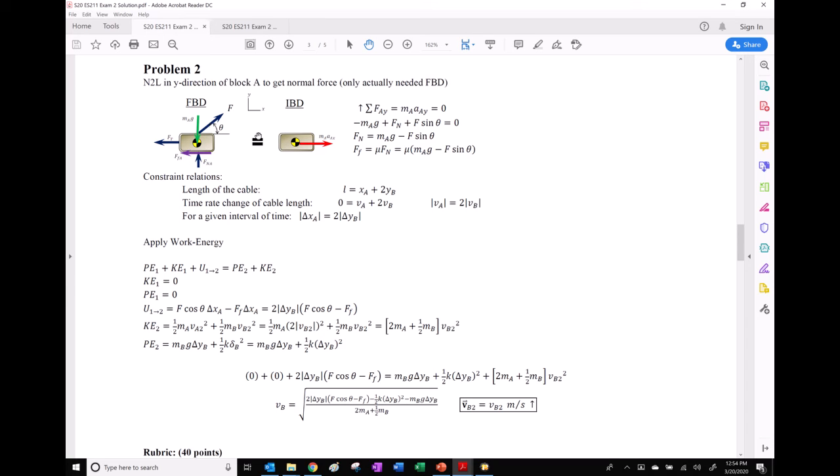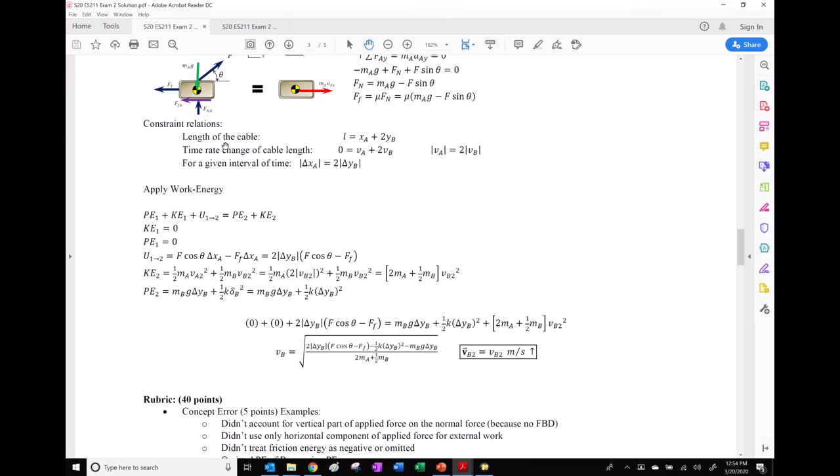But if you didn't draw this free body diagram, there's a good chance that you didn't notice that you had to include not just the weight, but also the portion of this force that was acting to lift up on the block, reducing that normal force. So here's another instance where even though you're supposed to do this with work energy, you had to find some forces and make a free body diagram.